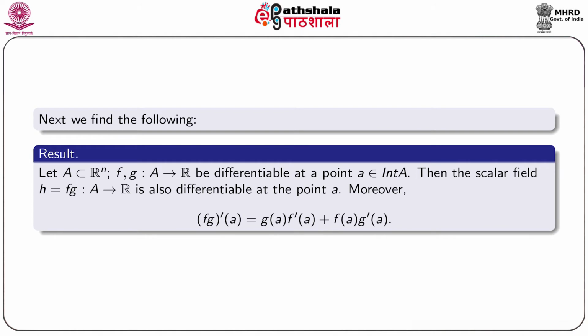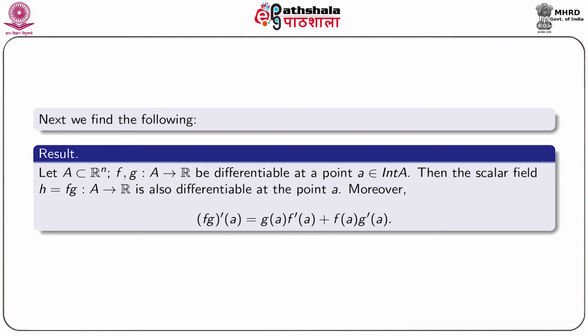Next, we find the following. Now, we come to the case of product. Let A be a subset of R^n, f and g are two scalar fields defined on the set A which are differentiable at a point a, which is an interior point of the domains of f and g.